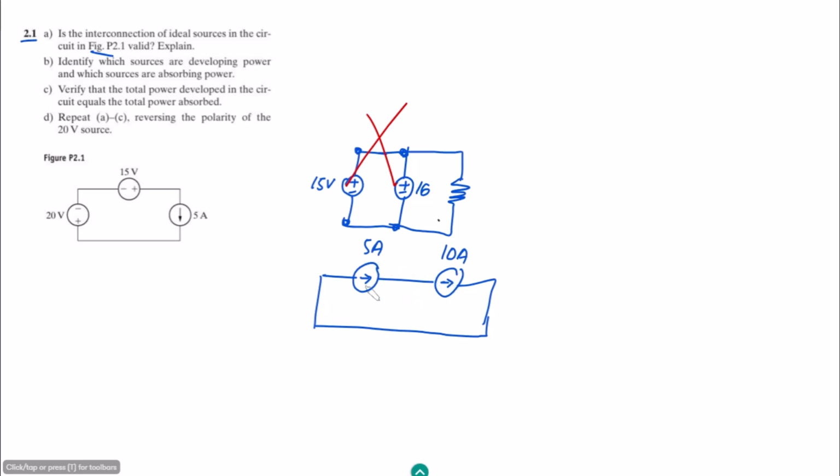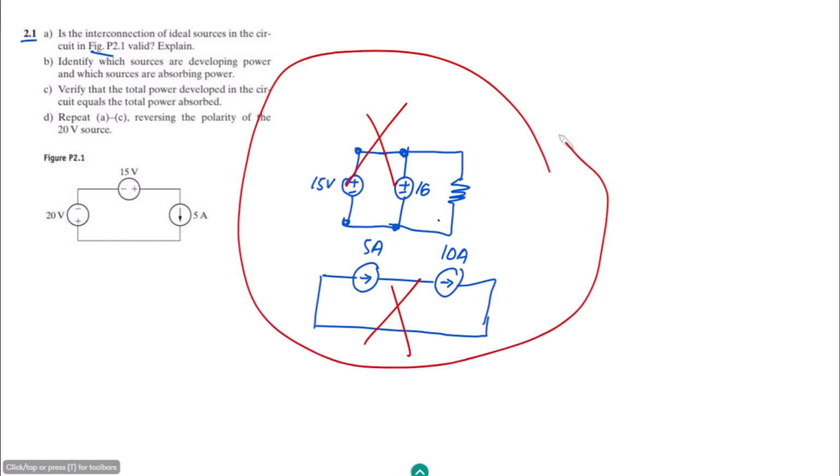In this series branch, we know that the current always remains the same. So these types of circuits are also incorrect and not valid circuits. If you see any other combination like these, you should keep in mind that these connections are invalid.